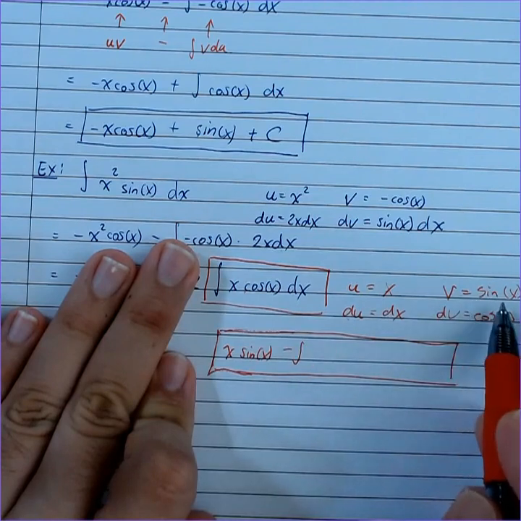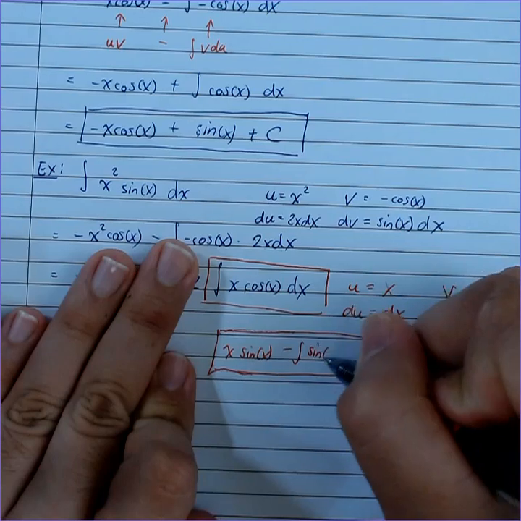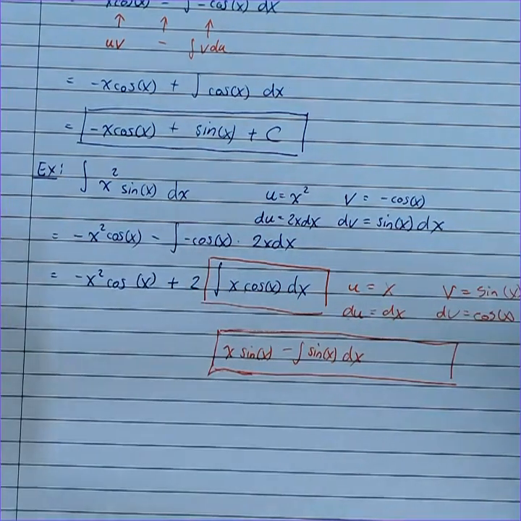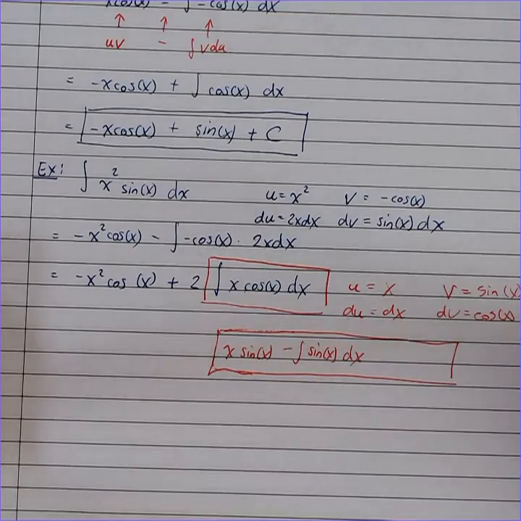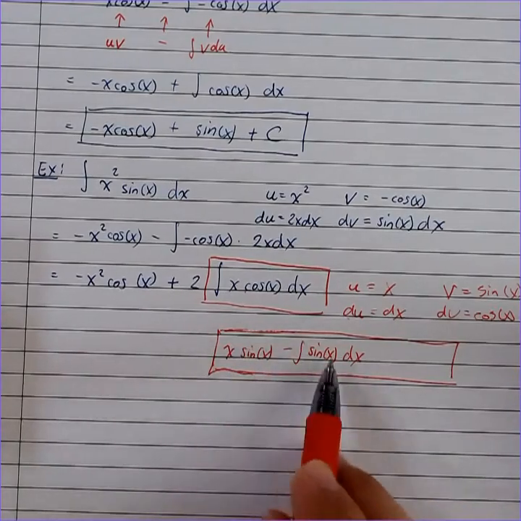Well, v is the sine of x, and du is dx. So sine of x dx, like that. So note now that this is an integral that we can take. So now we can rewrite this, substituting this in here.